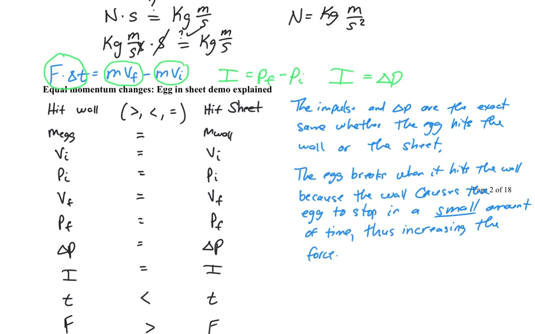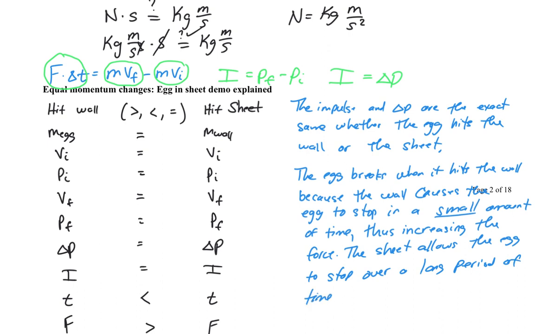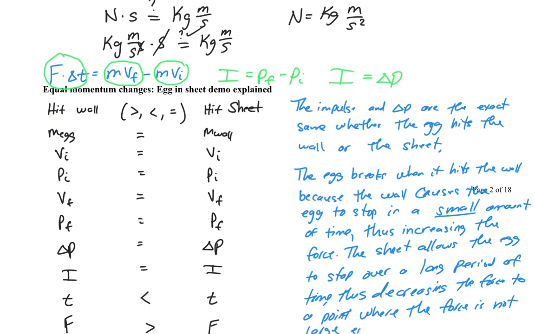The sheet allows the egg to stop over a long period of time, thus decreasing the force to a point where the force is not large enough to break the egg.